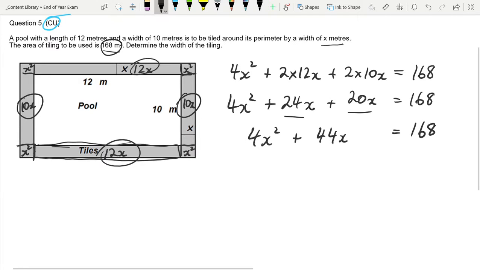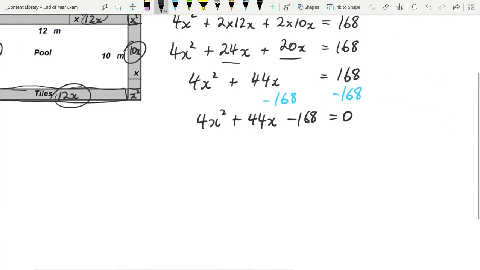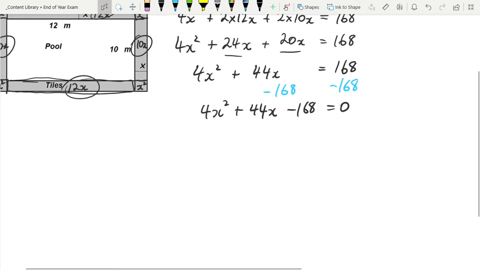Now to solve this equation, we need to make one side equal to 0. So essentially we need to subtract 168 from both sides. That makes that 0, and over here we've got 4x squared plus 44x minus 168 equal to 0. I'll show you the easy way of doing this first, which I think is to simply use the quadratic formula.